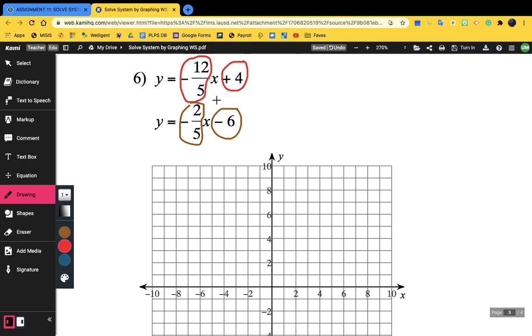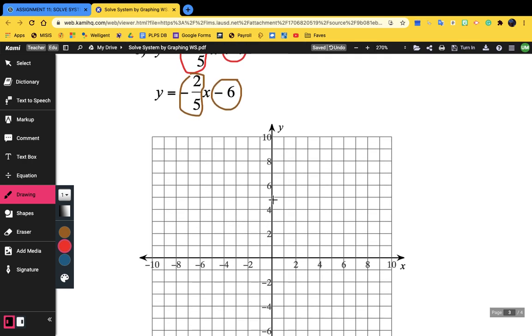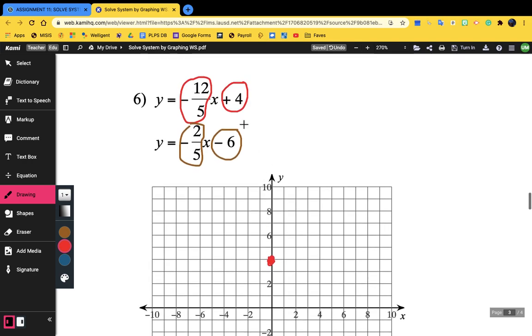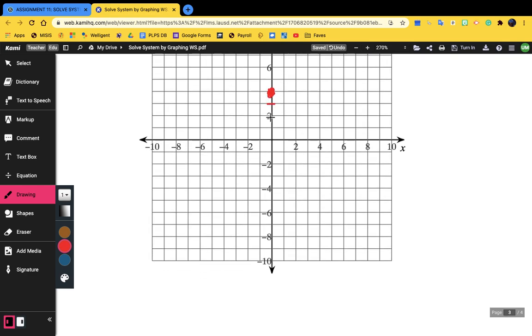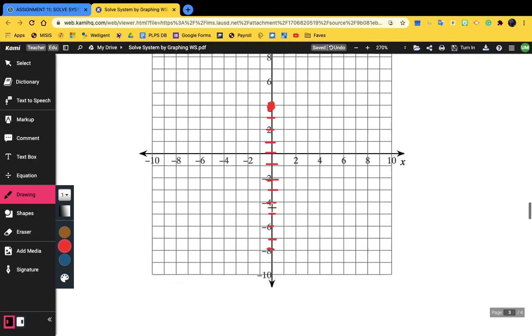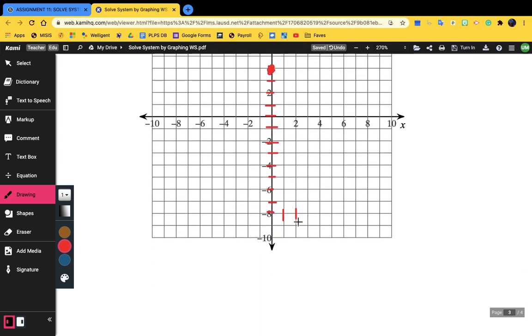So let's go back here and use our first orange, +4 here. So this is +4 is my y-intercept, my B, down 12 over 5. Okay, 1, 2, 3, 4, 5, 6, 7, 8, 9, 10, 11, 12. And over 5. 1, 2, 3, 4, and a 5.